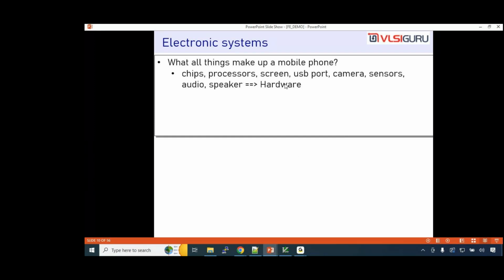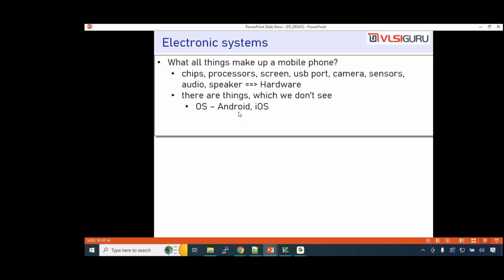What all things are there in the hardware? The chips, processors, the screen, the USB port, the camera, sensors, audio, speaker, various things make up the hardware. Then there are things which we don't see. We only see the hardware, but there are things we don't see. What are they? Operating system is there, right?